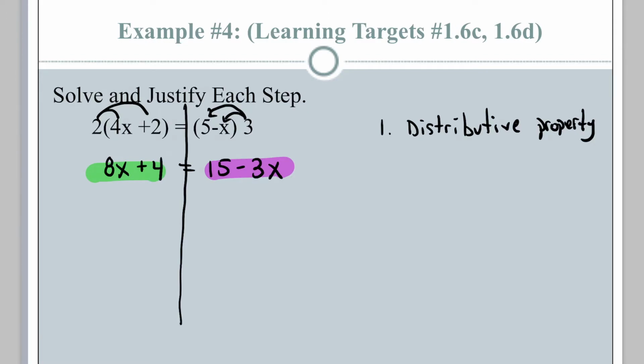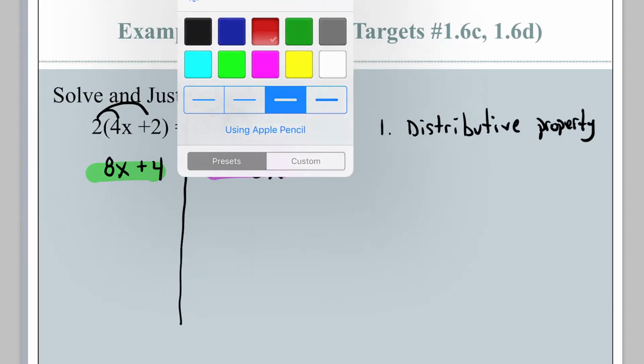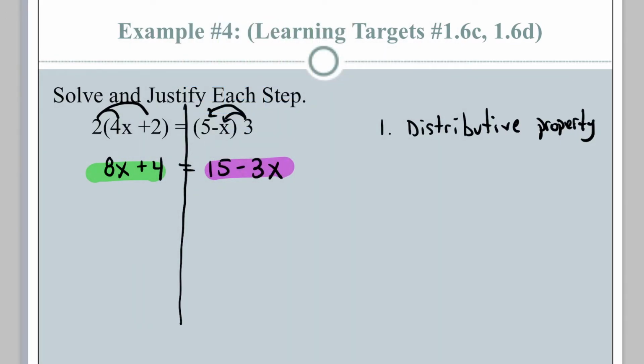So in this case, if I move the minus 3x term, the inverse operation of a negative or subtraction is addition. So if I add 3x to the right side, I also must add it to the left side of the equation.